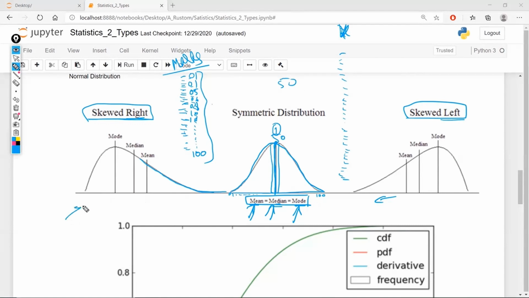So how do we interpret those marks in a skewed diagram? Say I start from 0 to 100 here, and very few students have secured marks above 70, 80, 90, and 100.